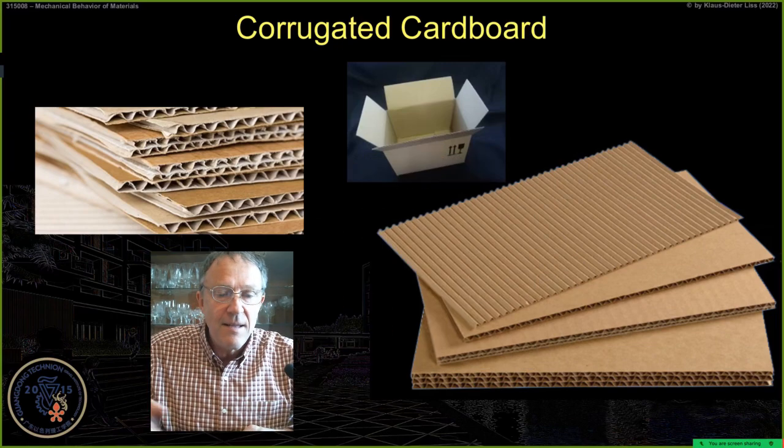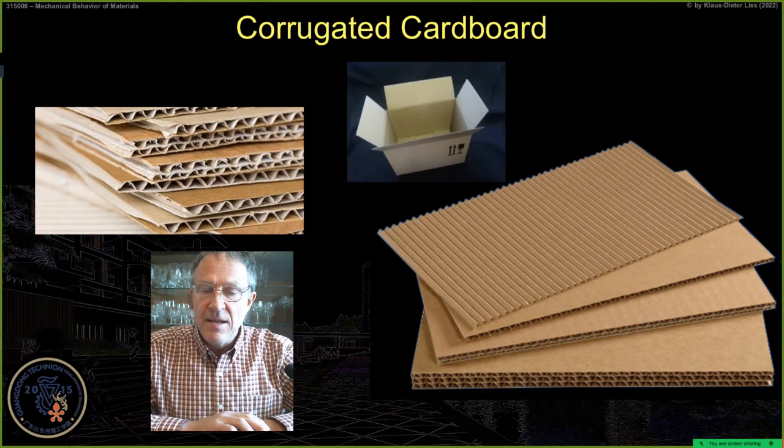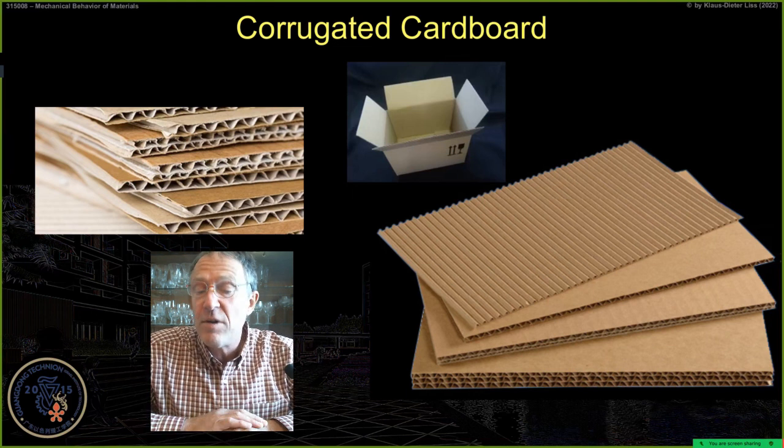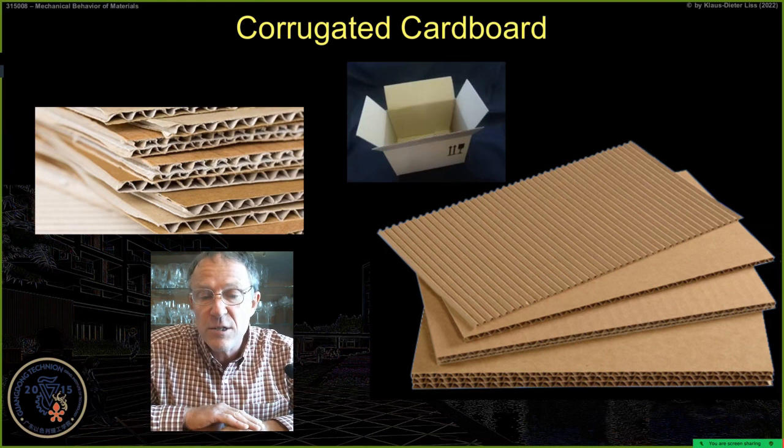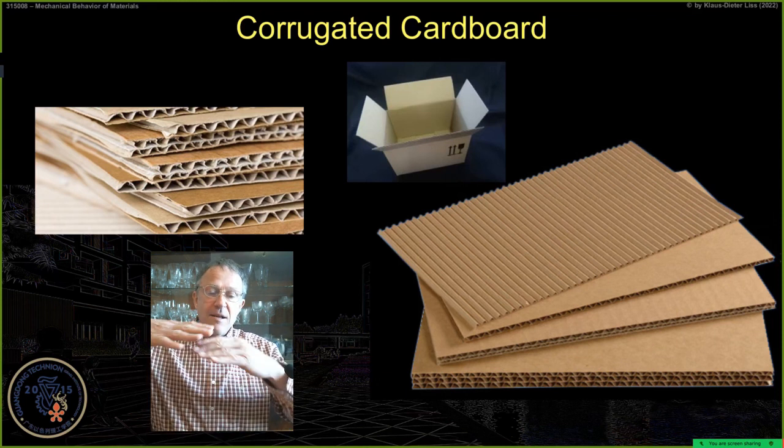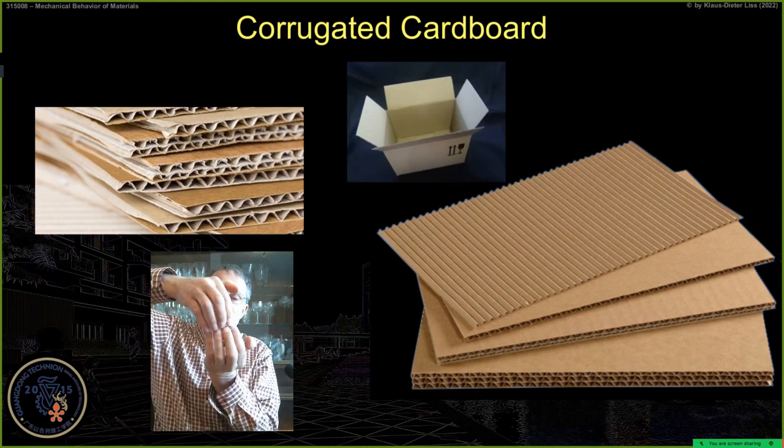Again, this is an example as I have introduced it here, the stiff lattice planes like corrugated cardboard. Now you take one cardboard, you take the other cardboard, and you put the one on top of the other.